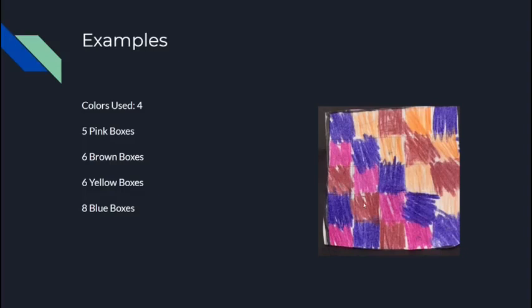There's 1, 2, 3, 4, 5, 6 brown boxes. 1, 2, 3, 4, 5, 6 yellow boxes. And then the only thing left is to count the blue boxes, of which there are 8. 1, 2, 3, 4, 5, 6, 7, 8. Ta-da! That's what I want you to do for these types of things. But you don't have to copy that one.